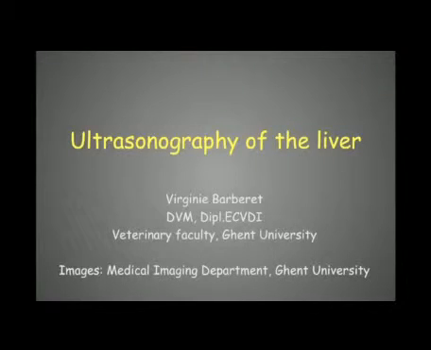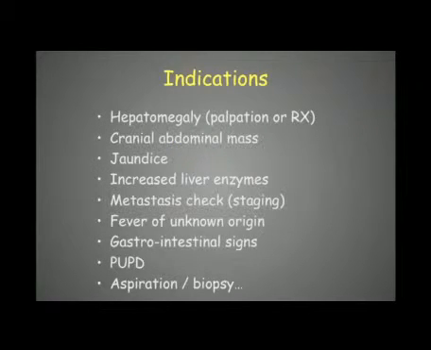So we will start with the ultrasonography of the liver. The indications of the ultrasonography of the liver are multiple. We can do it because we feel a hepatomegaly on abdominal palpation, or we see it on abdominal radiography, because we also palpate a cranial abdominal mass.